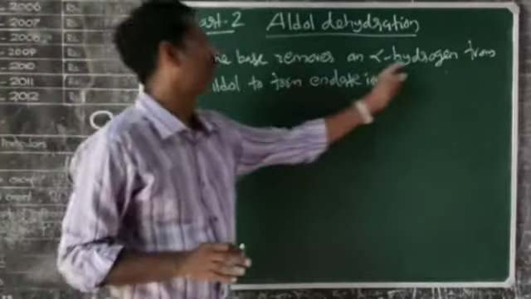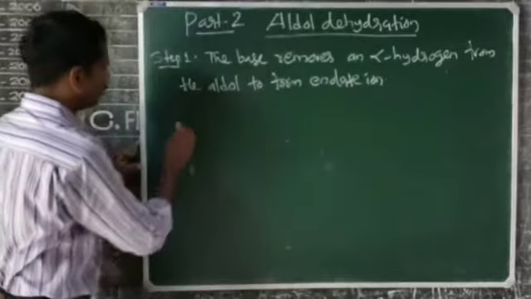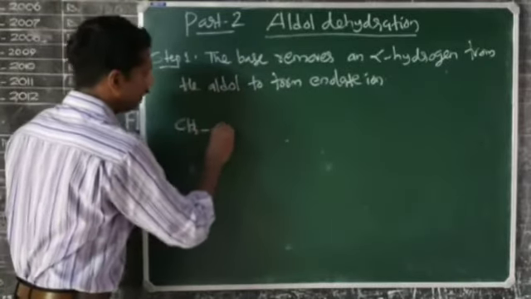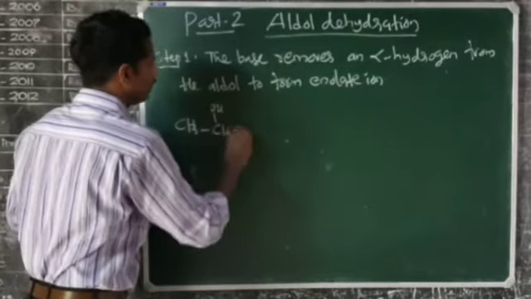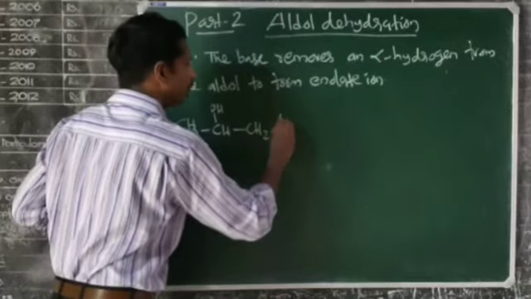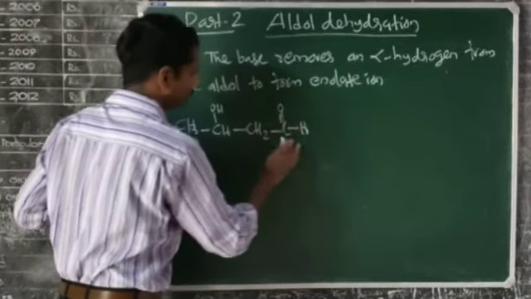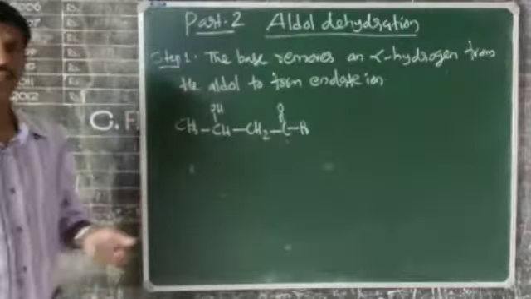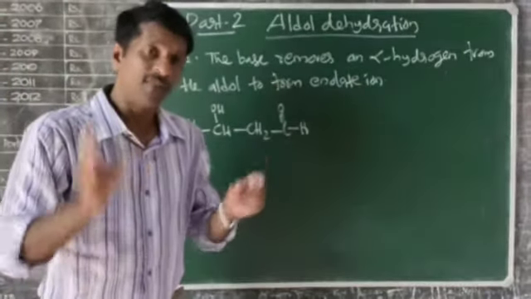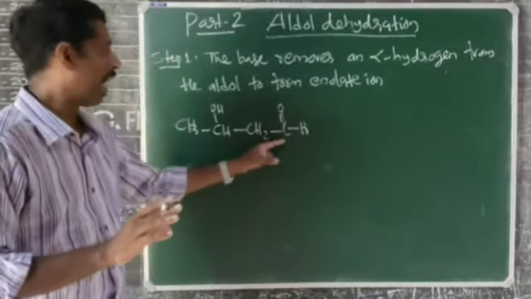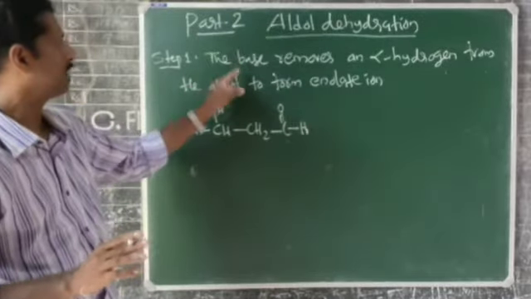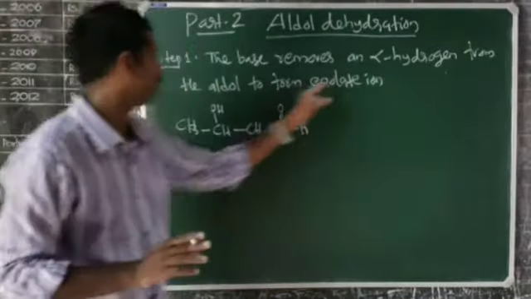The base removes alpha hydrogen from the aldol, which was our aldol: CH3, CH, OH, CH2, C double bond O, H. This is the aldol which we got in the first part. Now in the second part, what is happening? The base removes alpha hydrogen from the aldol.